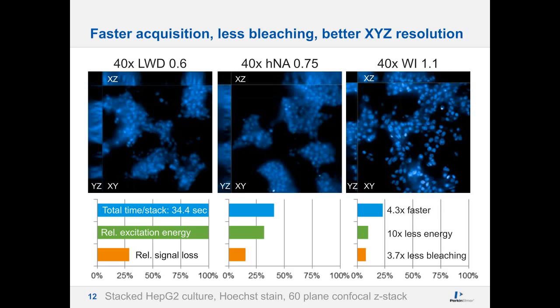Having very powerful excitation light sources, having very efficient light collection optics, and providing a lot of images in a very short amount of time. All of this controlled by a very easy to use software which we call Harmony.